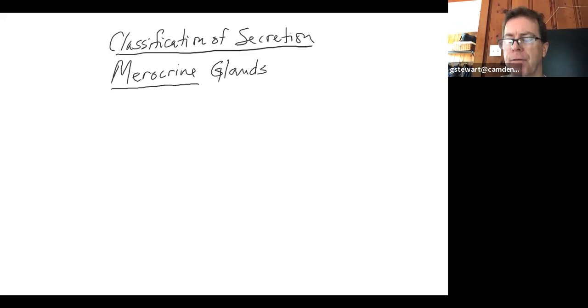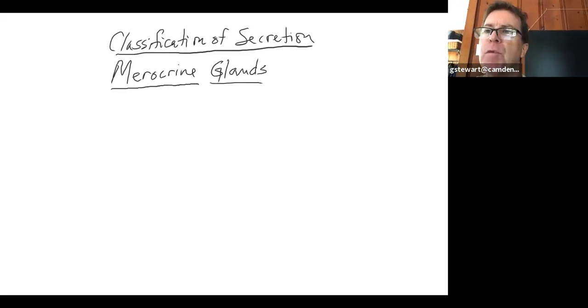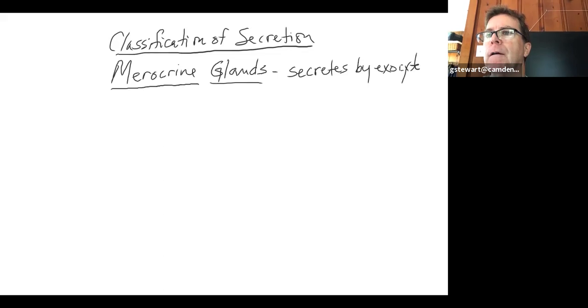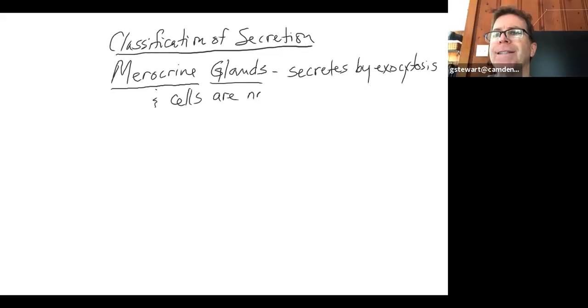The definition of a merocrine gland is that the secretion is by exocytosis, but here's the important part. So I'm just going to write secretes by exocytosis, and the secretory cells are not damaged in the secretory process. They can be reused again.